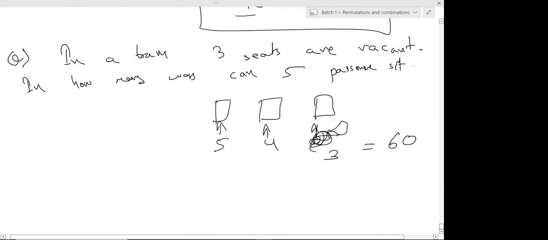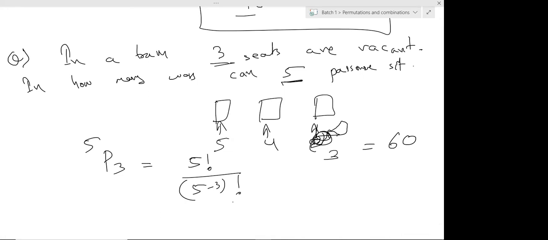How to use the formula? 5 passengers have to be seated, so 5P3. Using the formula, if you calculate 5 factorial upon 5 minus 3 factorial, the answer will be the same. Is it clear? Yes, sir. Okay. Next question.